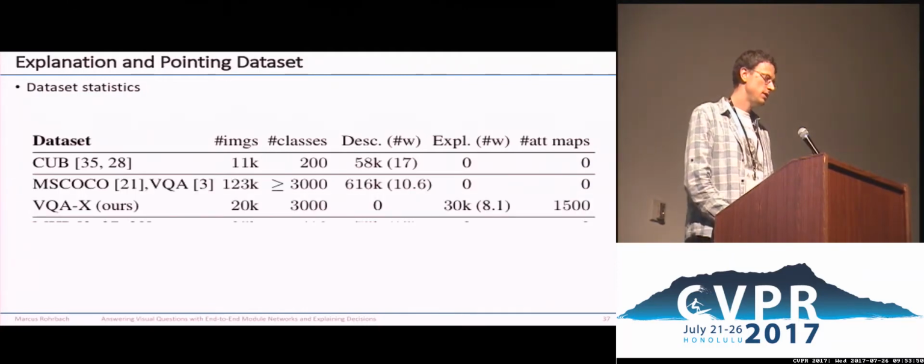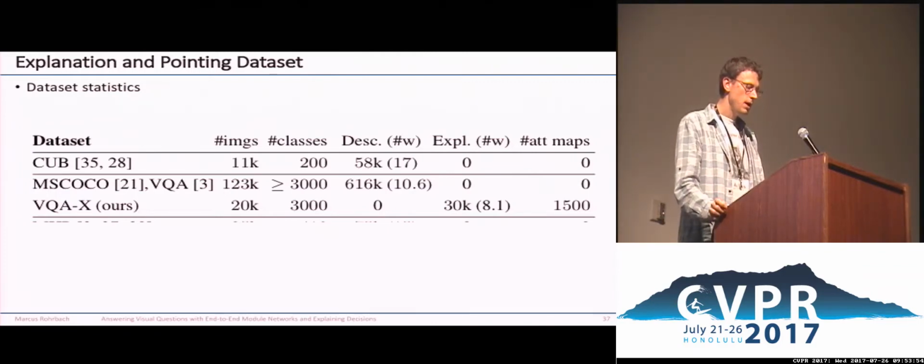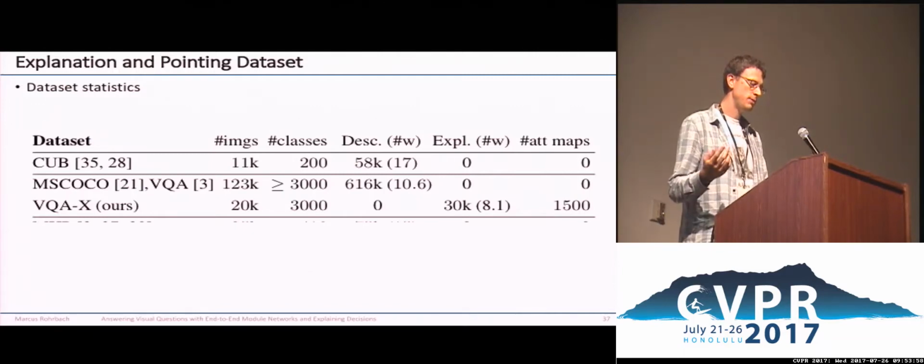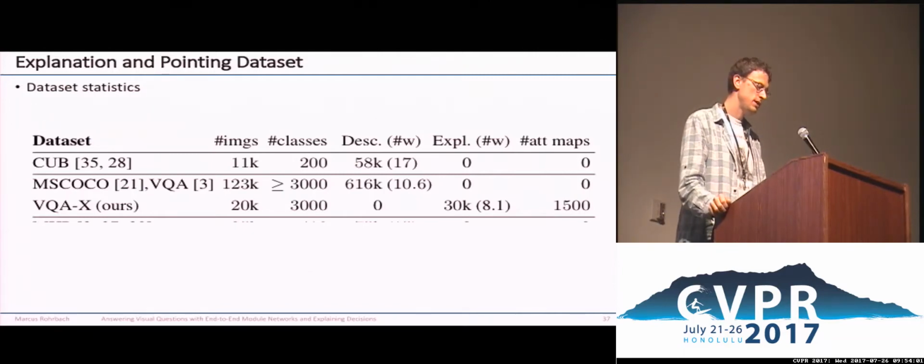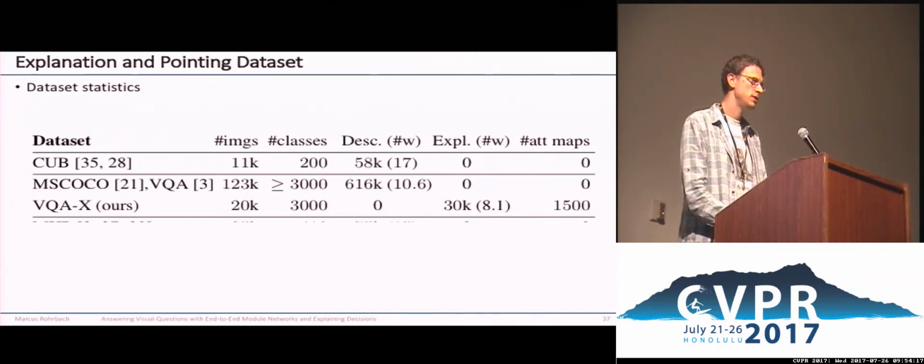So we started with the Microsoft COCO VQA data set and additionally collected textual explanations for 20,000 images. We collected about 30,000 textual explanations, and for the small test set, we also collected ground truth pointing or attention maps based on what humans think is the most relevant part of the image to explain the answer.